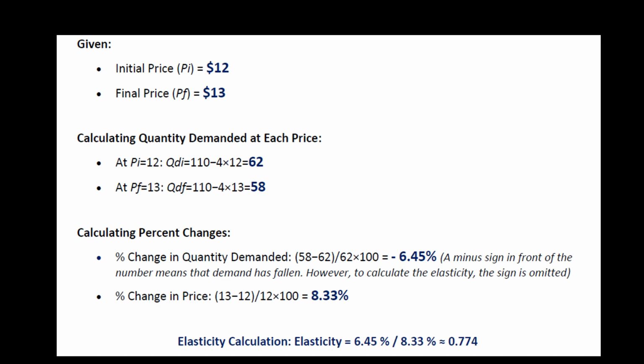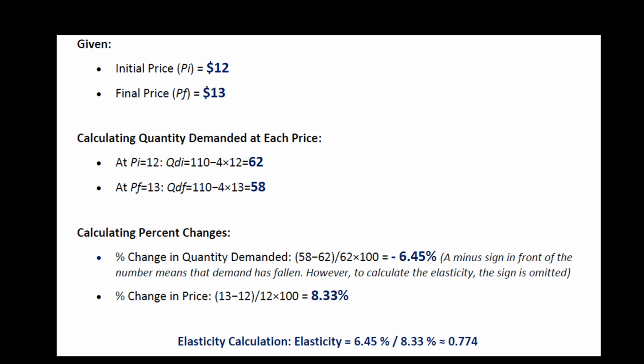QDF or QD2, it's up to you which way to choose, is the quantity demanded final, since $13 is the final price: 110 minus 4 multiplied by 13, which equals 58. So when the price rises by $1, the quantity demanded decreases by 4 units.